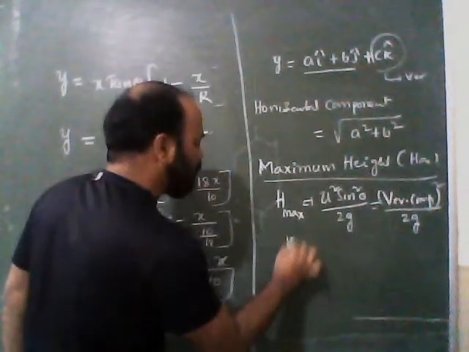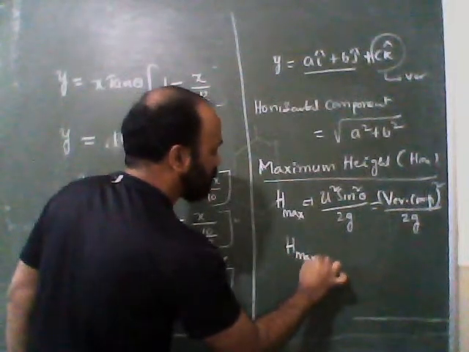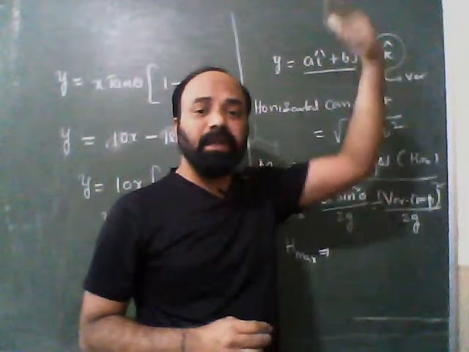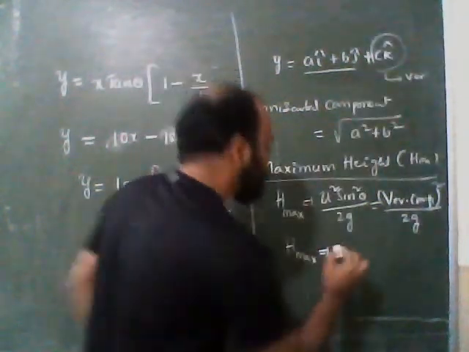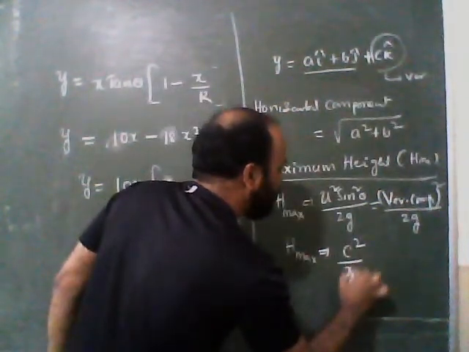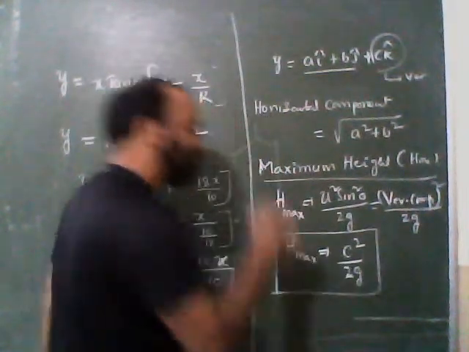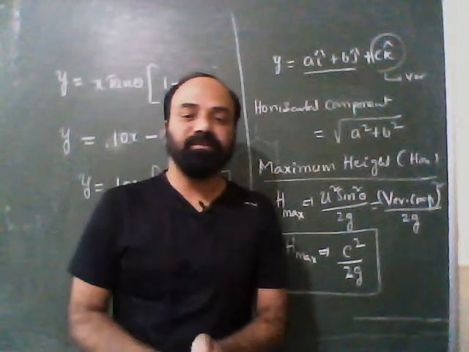According to this formula, H maximum equals the vertical component square by 2g. The vertical component is c, so the maximum height we can write as c square by 2g. This is the formula. Is it clear?